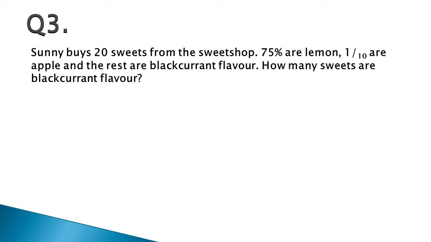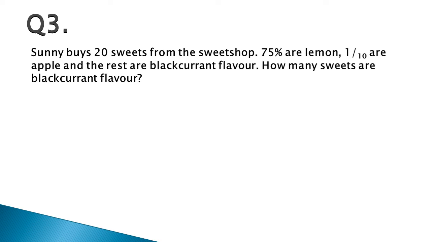The next question says, Sunny buys 20 sweets from the sweet shop. 75% are lemon, 1/10 are apple, and the rest are blackcurrant flavor. How many sweets are blackcurrant flavor? Right. To solve questions like this, first of all, you need to look at 75% are lemon. 75% is 3/4.